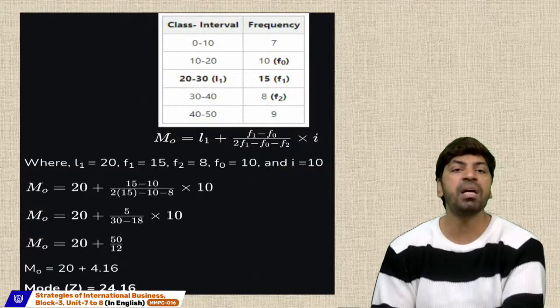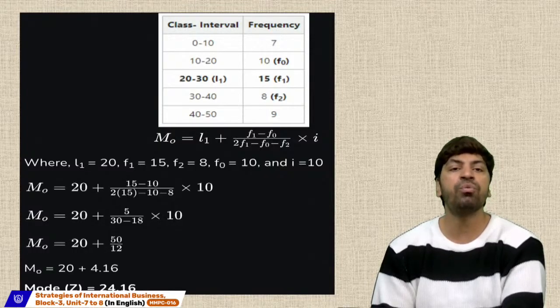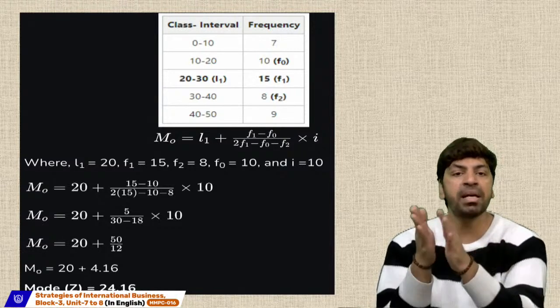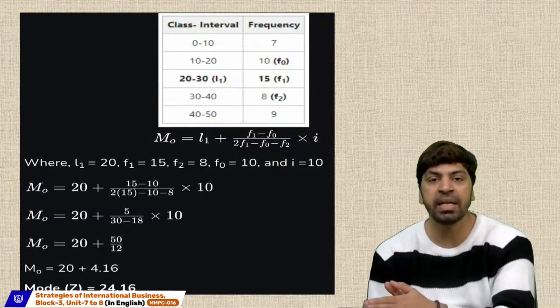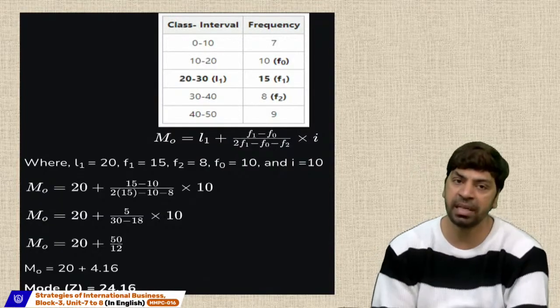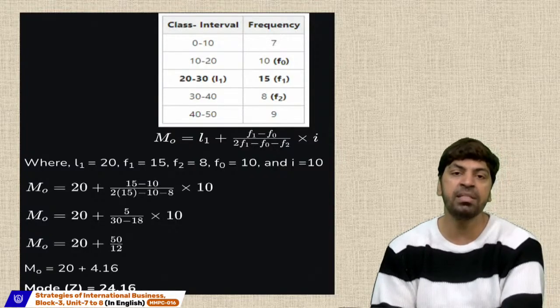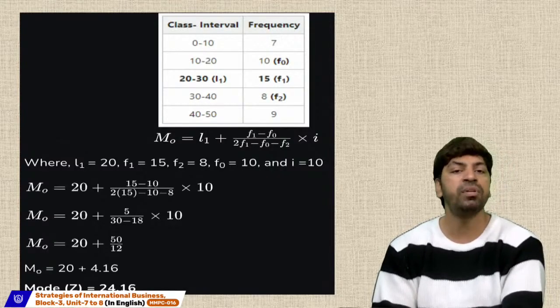So 15 minus 10 is 5. 15 into 2 is 30, minus 10 minus 8, which becomes minus 18, into 10.